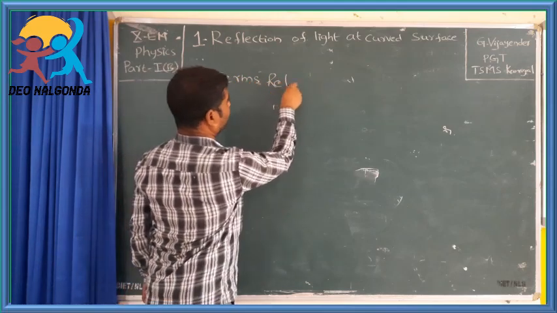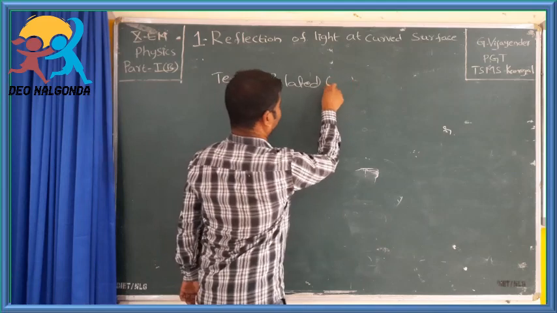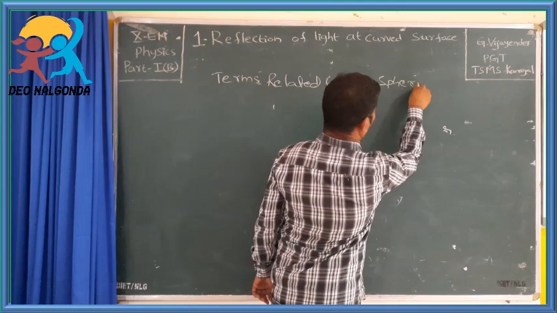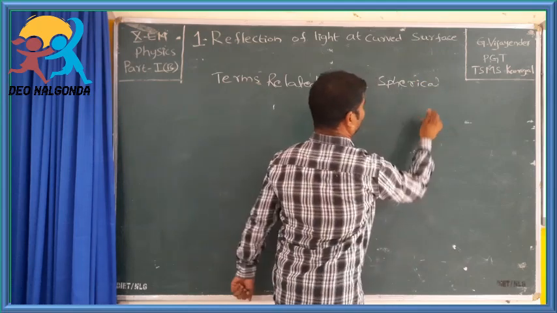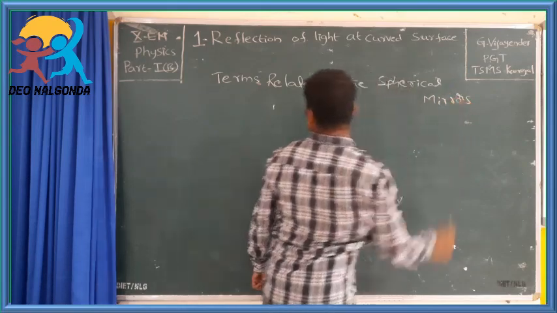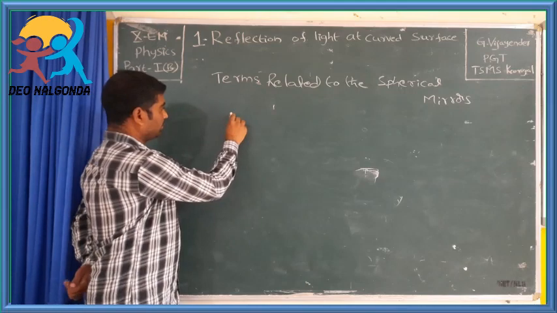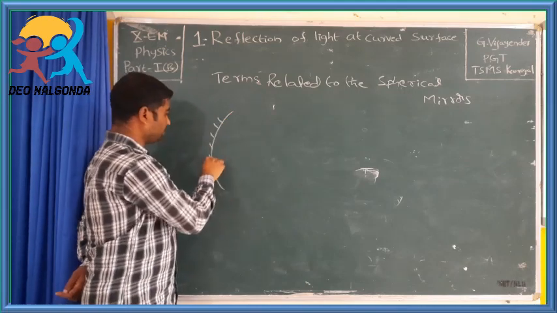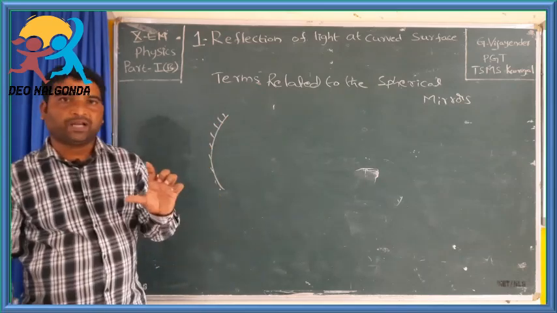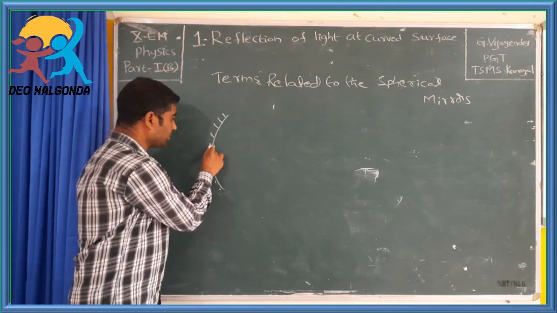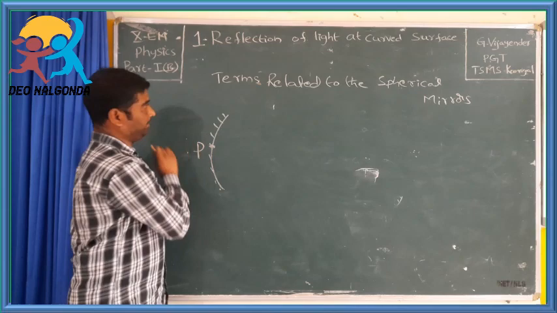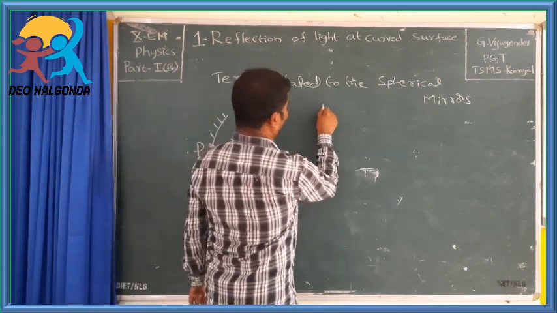Terms related to the spherical mirror. This is the concave mirror. The geometrical midpoint of the concave mirror is called the pole, denoted by the capital letter P. First one is pole.